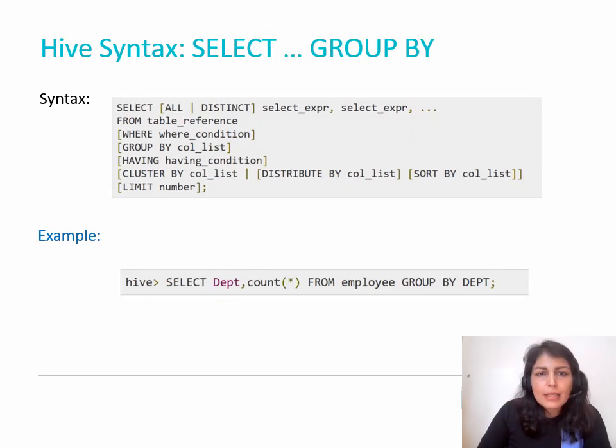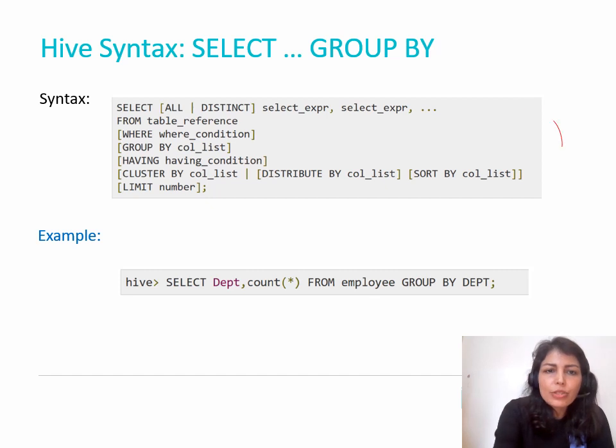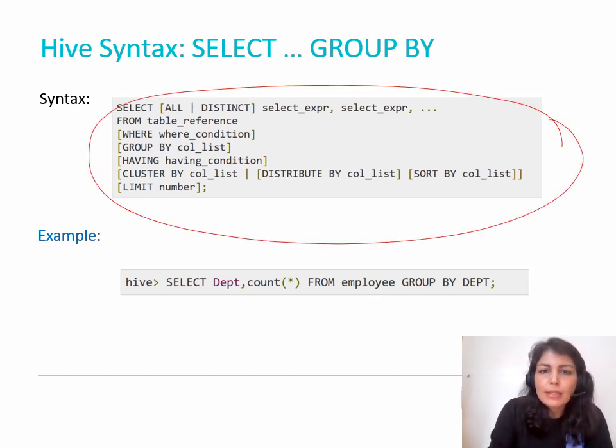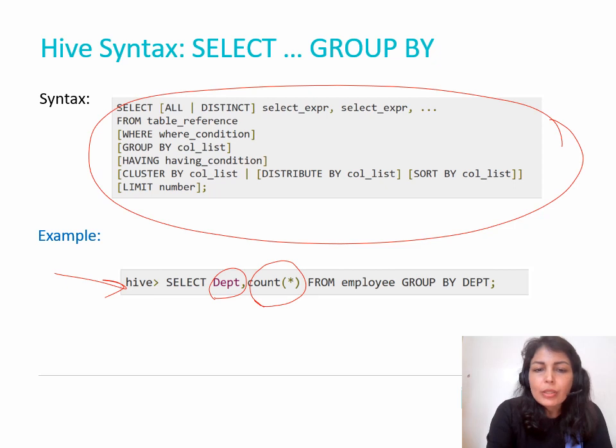Another syntax is select group by. This is the general syntax we are using for select, and here just see the example. We want to select depth and the number of the employees in each department. So we will select this information from the employee table name.